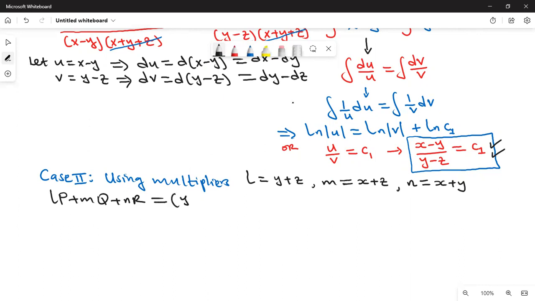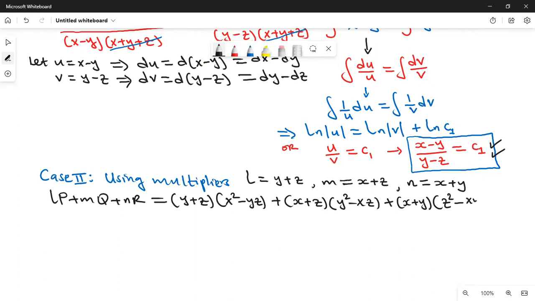It will give us y plus z times x squared minus yz, that's our P, plus our M, which is x plus z. We are multiplying this by y squared minus xz, which is our Q, then plus our N, which is x plus y. We are multiplying this by z squared minus xy.